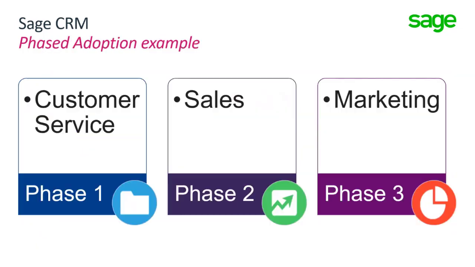The phased adoption there probably represents the lowest risk, and here you can see a typical way of implementing the system. If the customer's main requirements, and again, this is all about identifying what are the main requirements for the customer, and 50% of projects fail because requirements have not been properly identified. You work out what does the customer actually need.